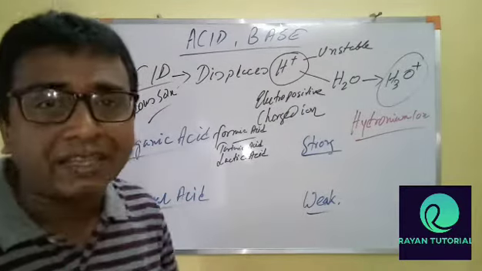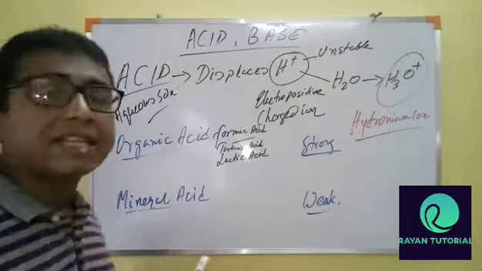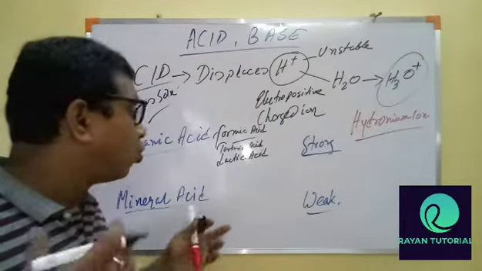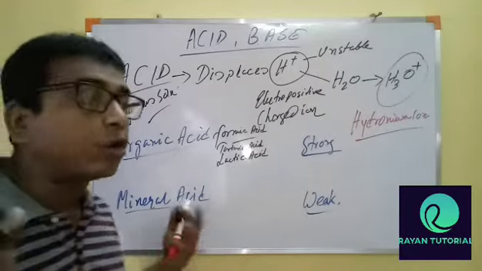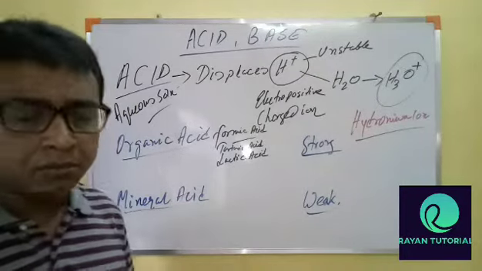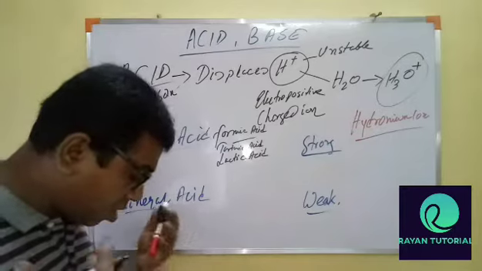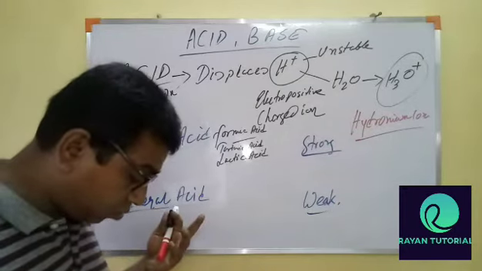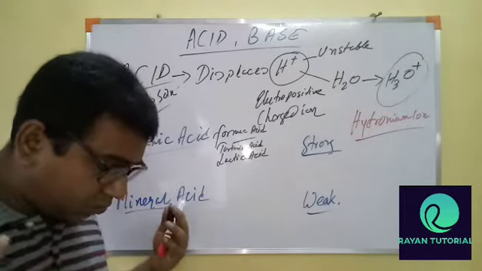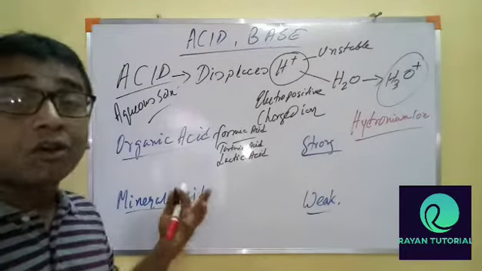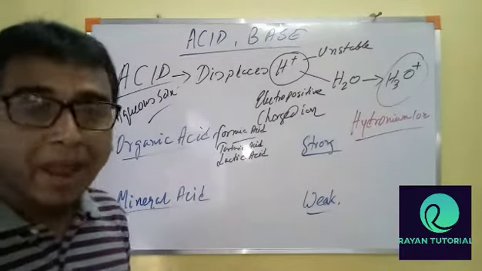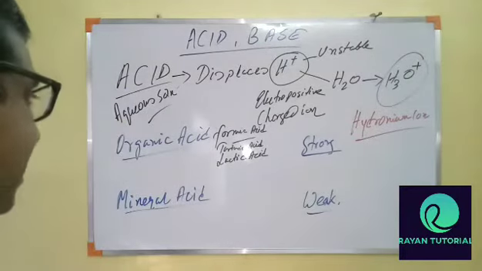Then citric acid, which we get in sour fruits like lemon, and the raw mango. It's all citric acid.